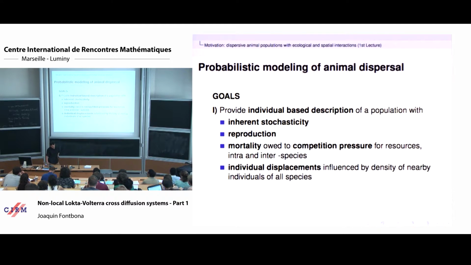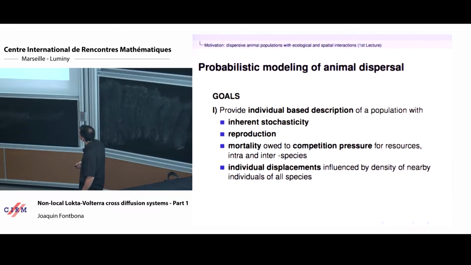So let me go to my specific goals in this course. First of all, I would like to provide an individual-based description of these populations, representing stochasticity, either in the displacements or in the demographic fluctuations, for instance in the reproduction and the mortality, in a way that obeys the competition for resources.